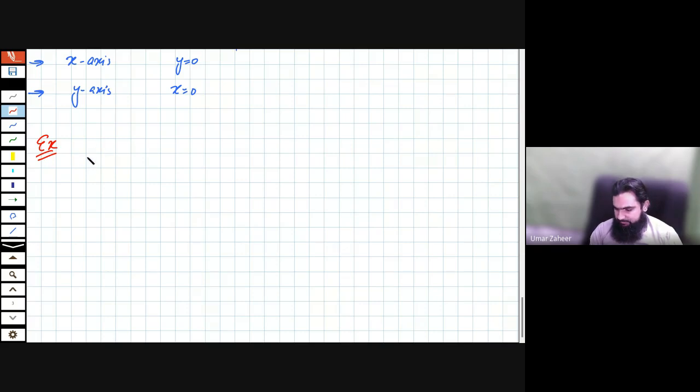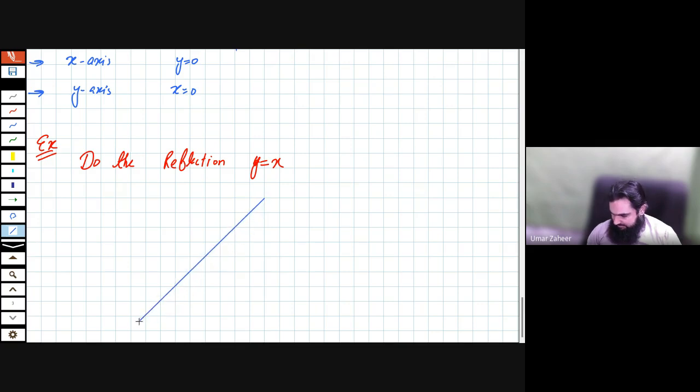The question is: do the reflection in y equals x. I'm just making a rough sketch. Let's say this is the line y equals x, because one rise, one run, so the gradient is 1.